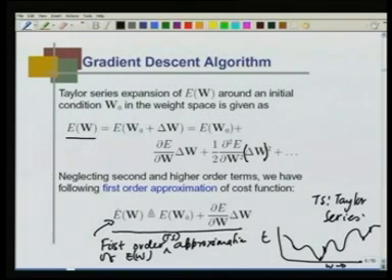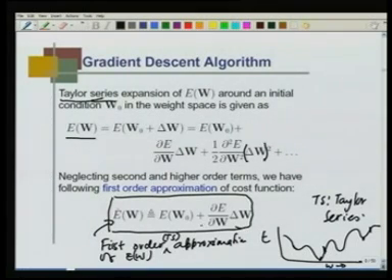This is what we have written here. This Taylor series expansion of the cost function, the first order Taylor series, looks like this, which is given in this block.